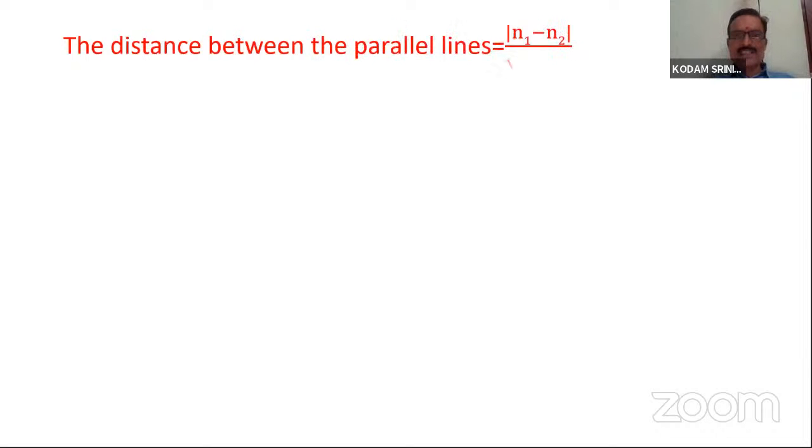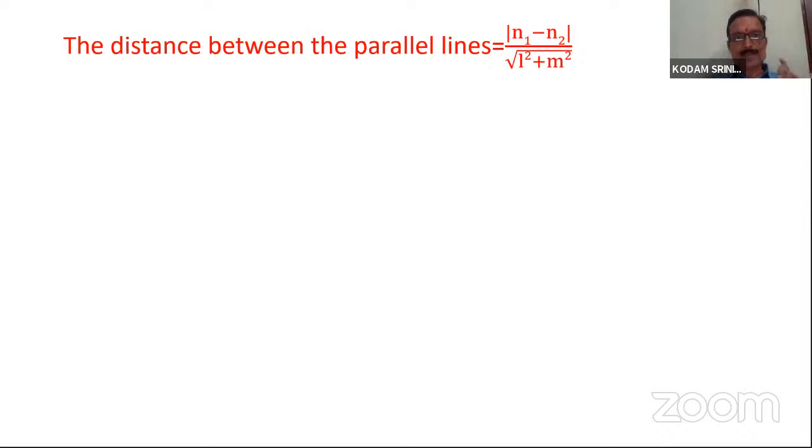Let us find the distance between those two parallel lines. We already have the formula in our straight line chapter. Suppose Lx plus My plus n1 equals 0 and Lx plus My plus n2 equals 0 are two straight lines.